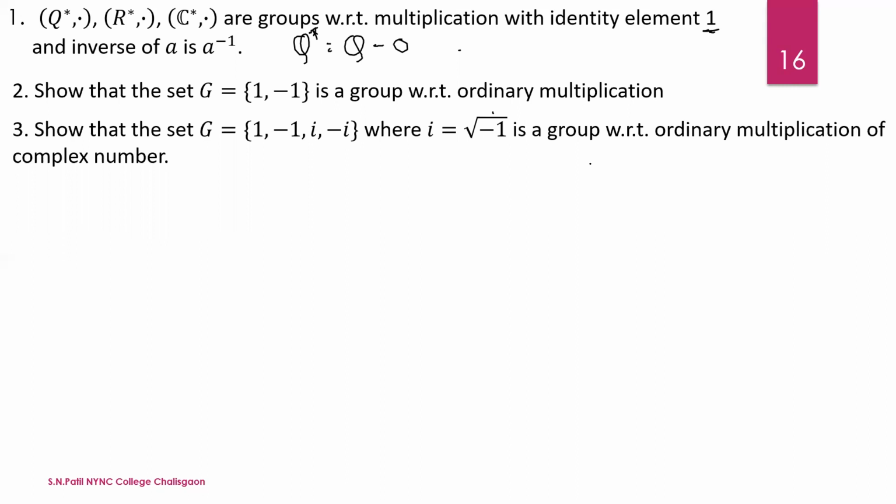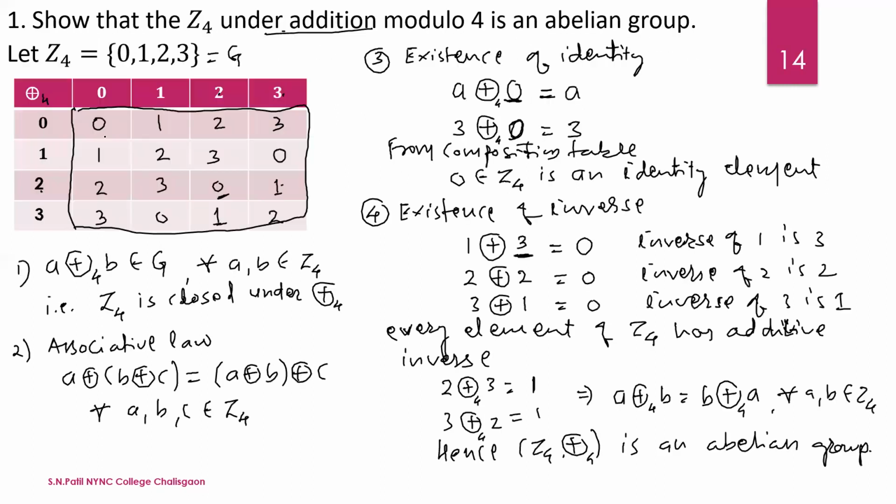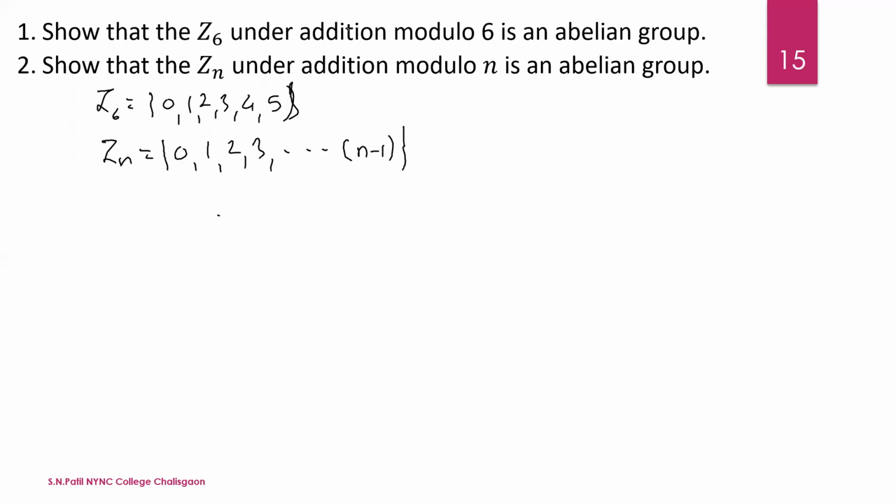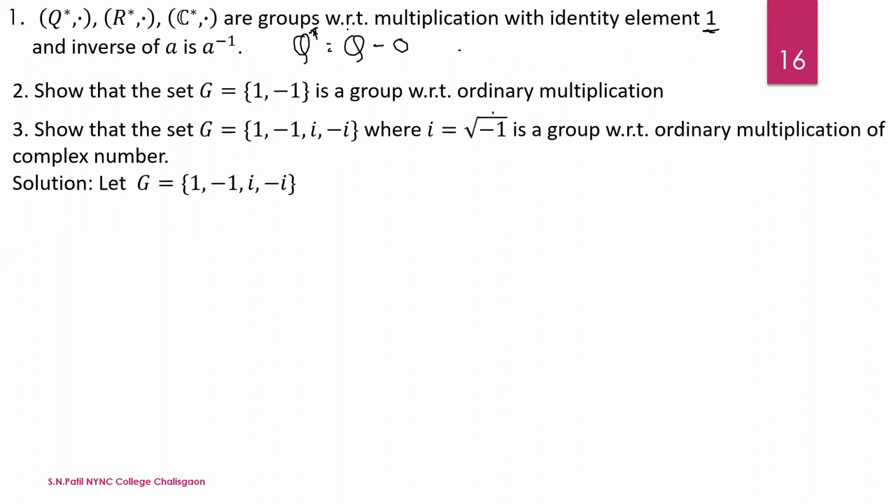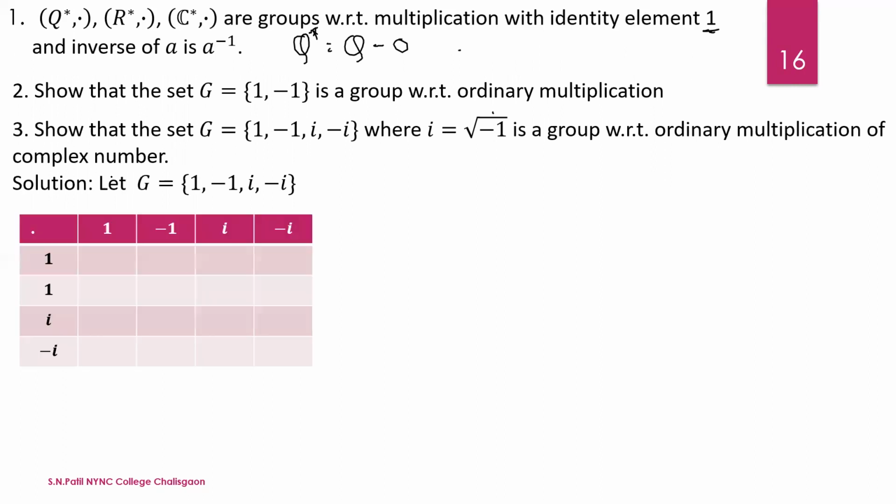Okay, so let us solve example number 3, which is parallel to Z4. We just solved this Z4 example where the binary operation is addition. Right now, the operation is multiplication. Okay. Now let G have the elements 1, -1, i, -i, and the operation is ordinary multiplication of complex numbers.